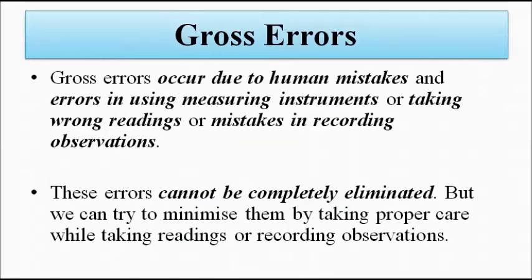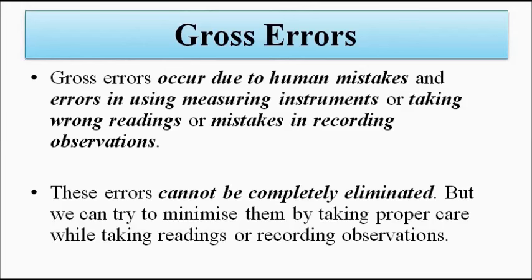Gross errors arise because of human mistakes. These are the mistakes which we make while handling or using the instruments or apparatus, or we take wrong readings, or record or write the wrong readings; we make mistakes in taking the observations and recording the observations.